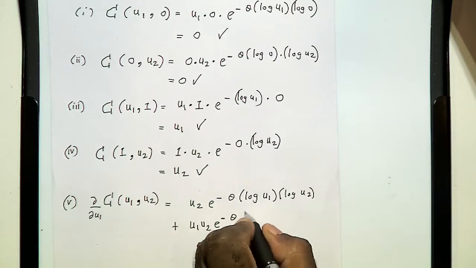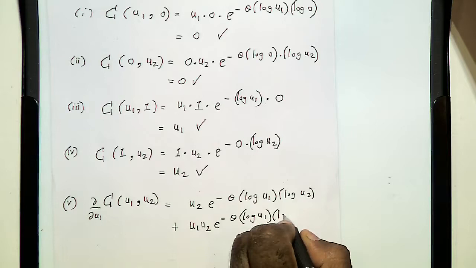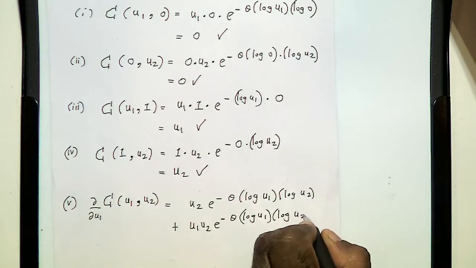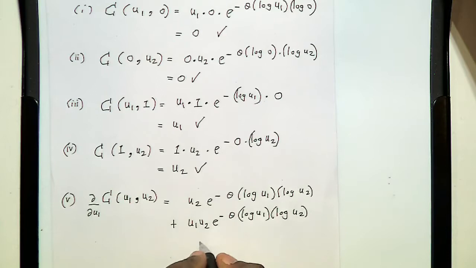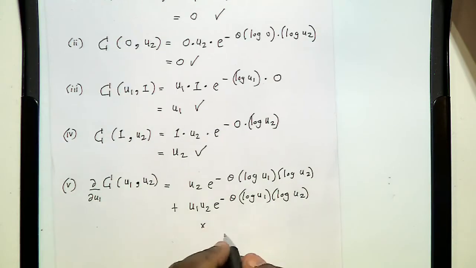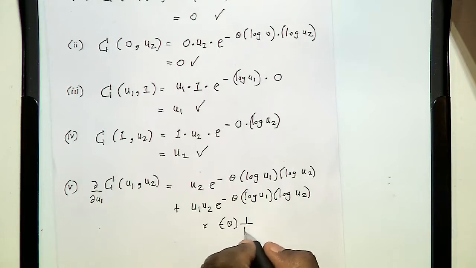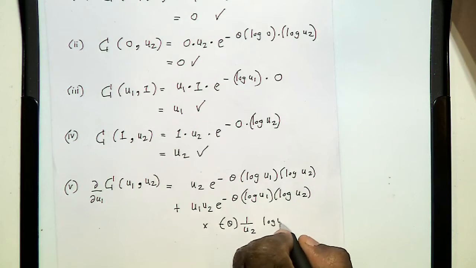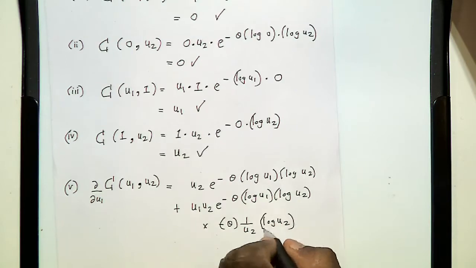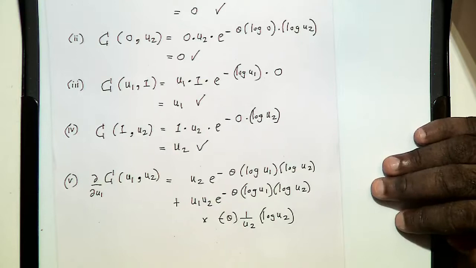I'm using the product rule. I hope you follow me. If you don't, let me know, okay? So if you differentiate this with respect to U1, you will get minus theta times the derivative of log of U1, which is 1 over U1, times log of U2. All right? Are you with me? Yeah?